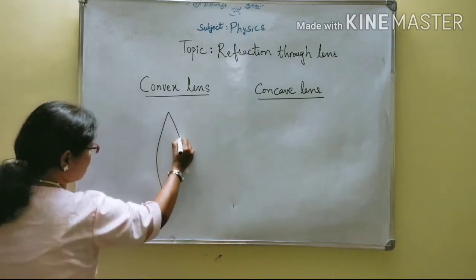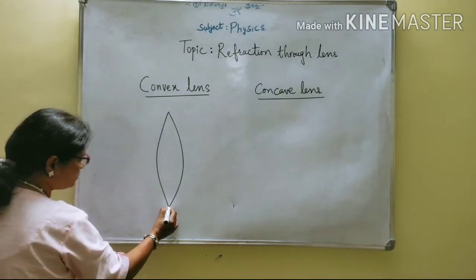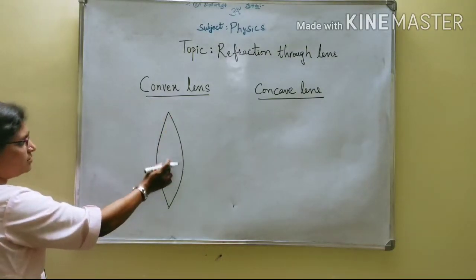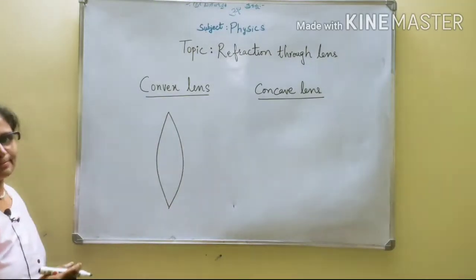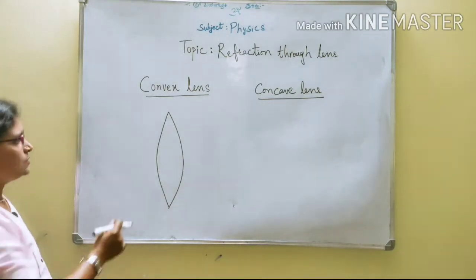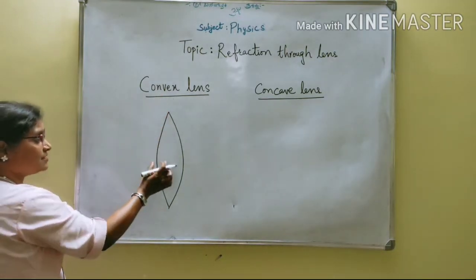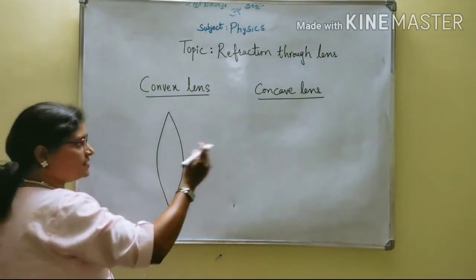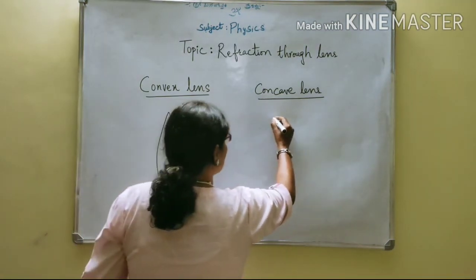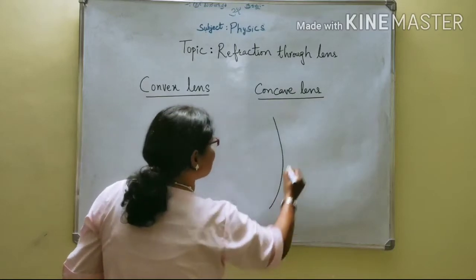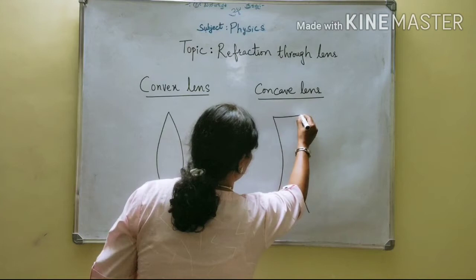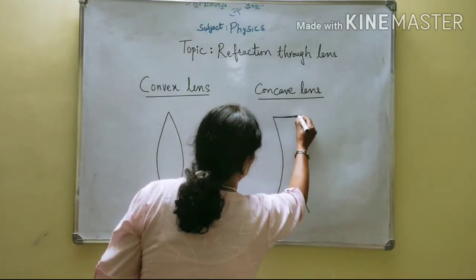So the convex lens is drawn in this manner. Basically, the convex lens is bulging in the center and it is thin at the edges. So we can say that the convex lens is thick in the center and thin in the edges, whereas the concave lens is thin in the center and it is thick at the edges.